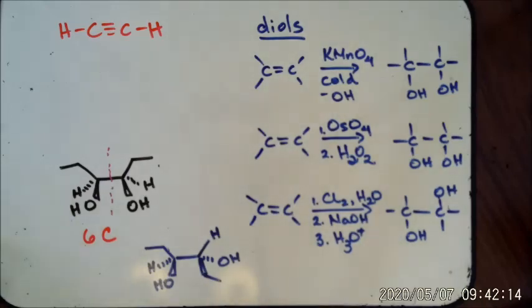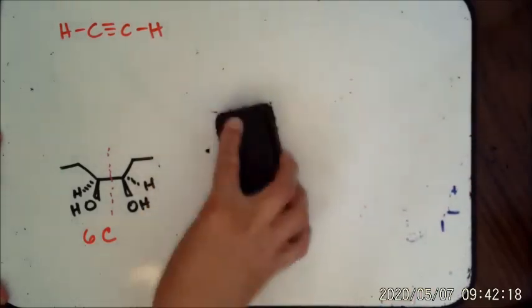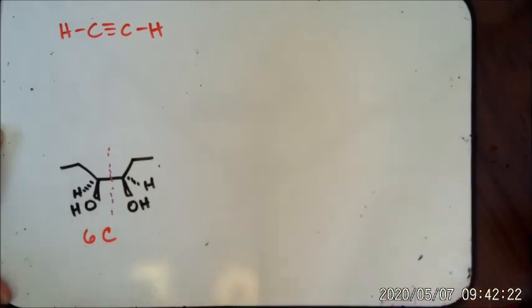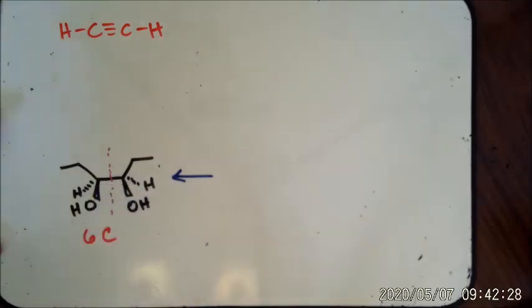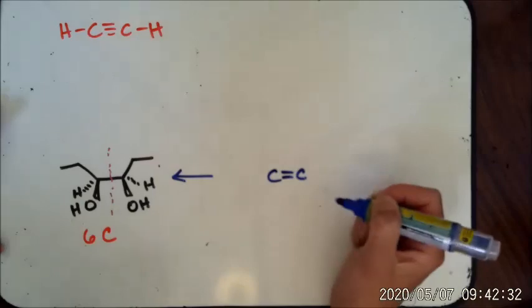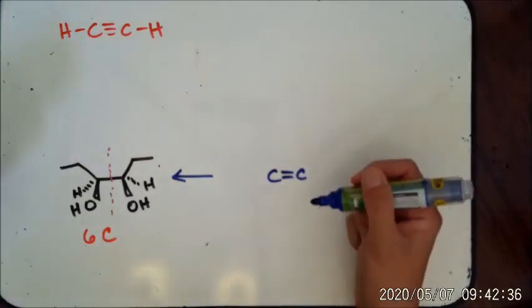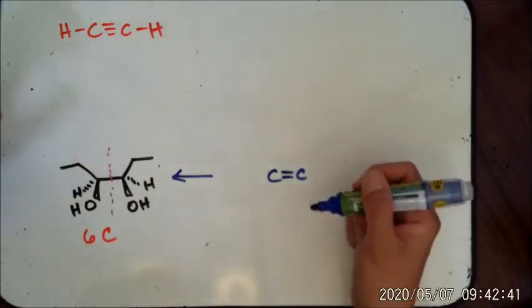So, my starting material has to have an alkene right there. And where you get your choice is that, do you want to do a syn addition to form your diol, or do you want to do a trans addition to form your diol?